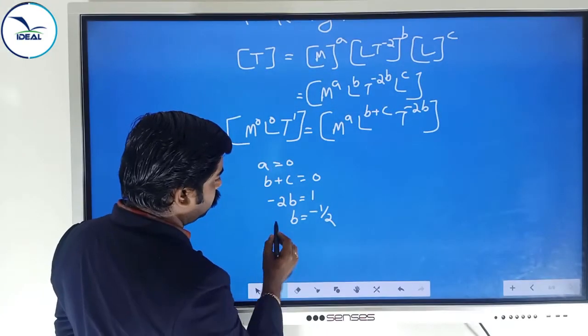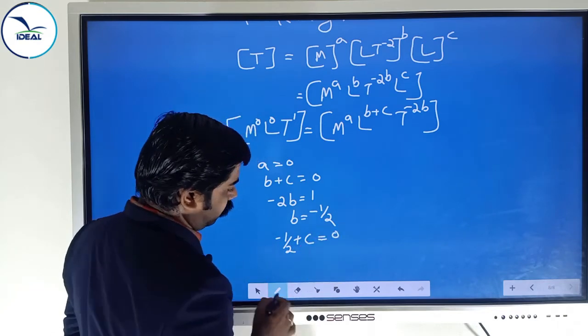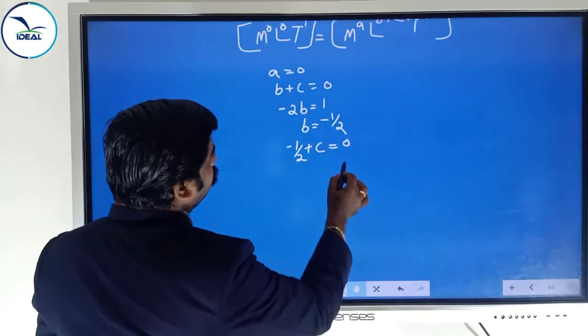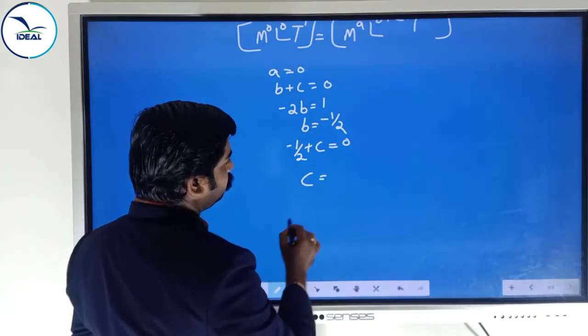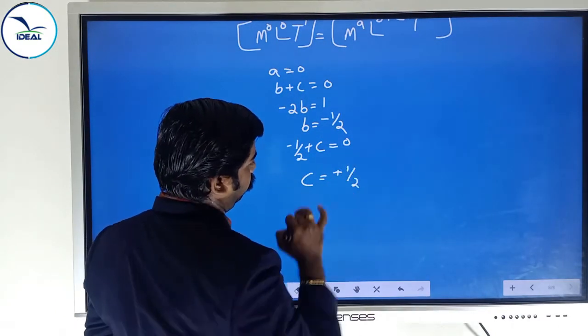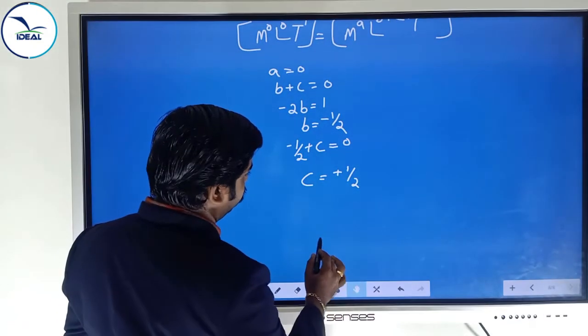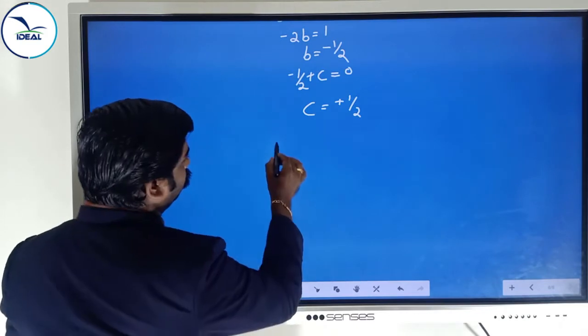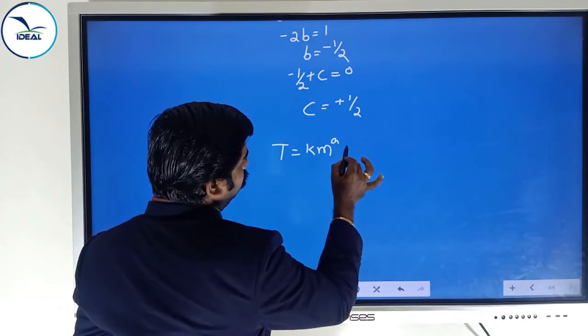Therefore minus 1 by 2 plus c equals 0, so c equals plus 1 by 2.